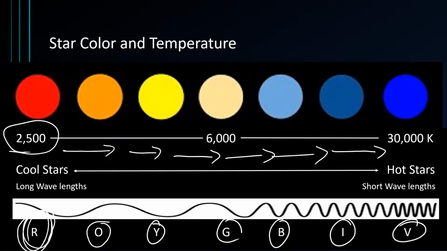And so blues and violets are going to be our hottest stars, while reds are going to be the coolest. We can see a definite difference. We've gone from 2500 Kelvin to 30,000. Very, very easy to see that this is a lot hotter.